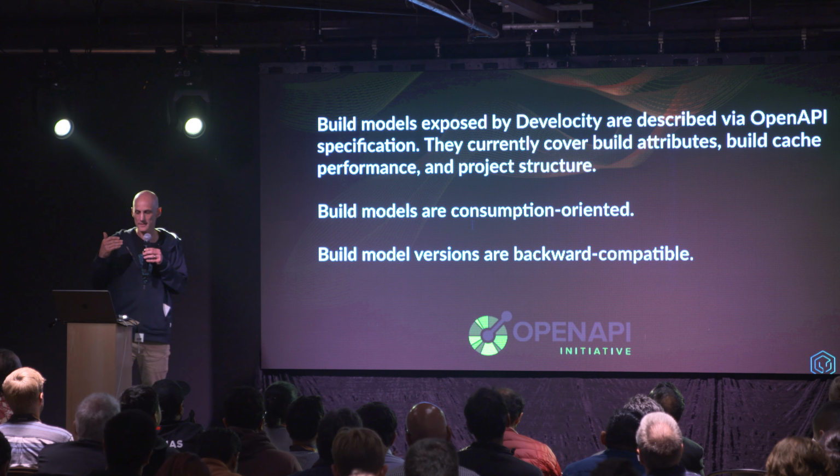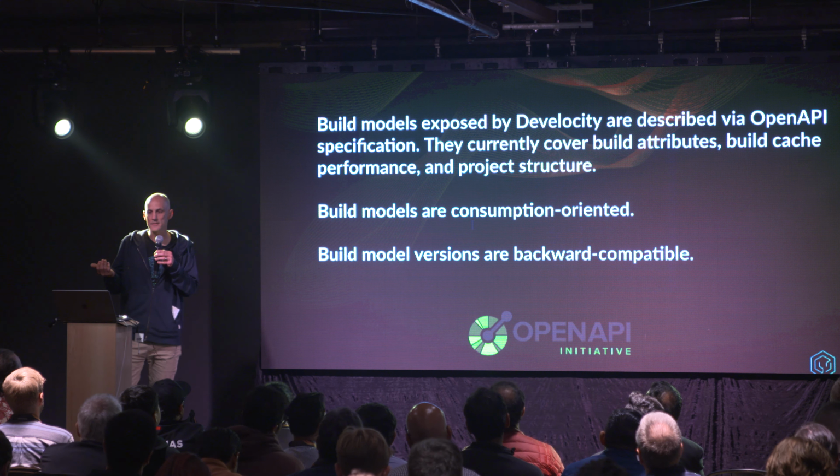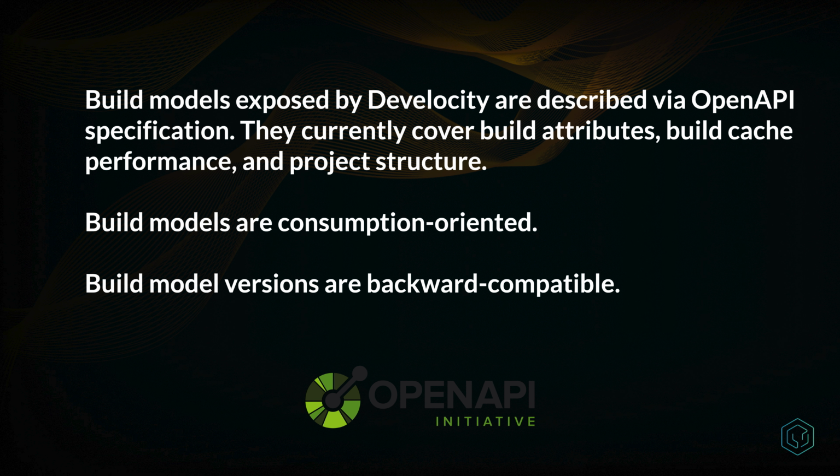So what Develocity offers is to export build data via so-called build models. Right? These build models are in JSON format. They have an API specification with which they are described. And currently you can export build attributes, performance models around build caching, and project structure. And over time, more build models will be added. But those are the key ones.